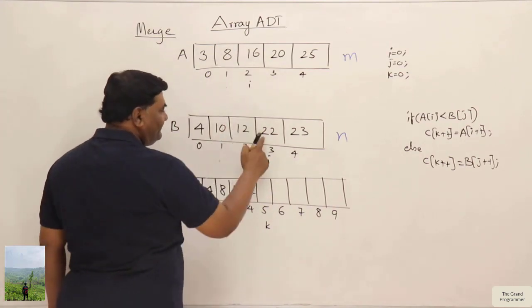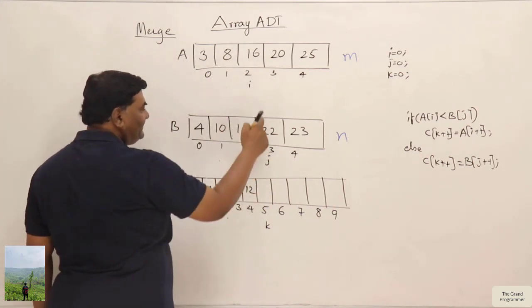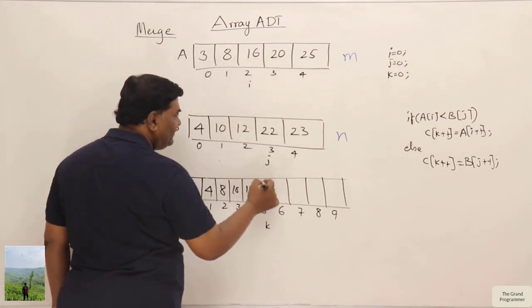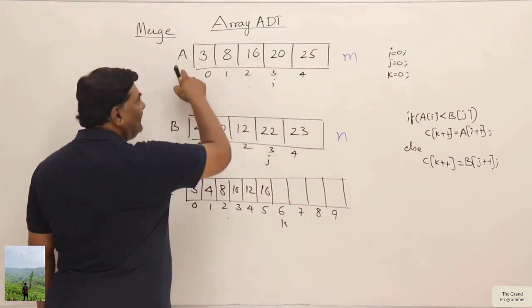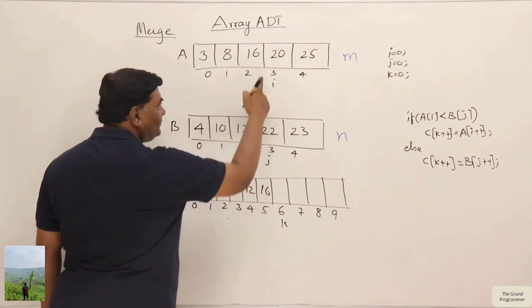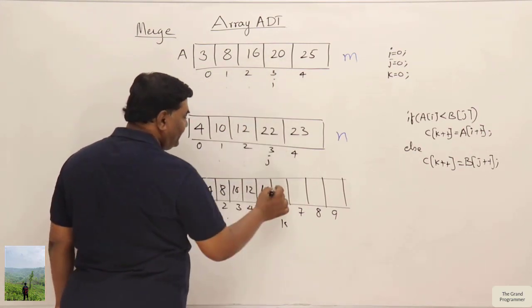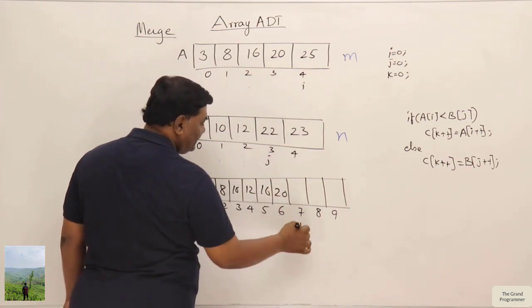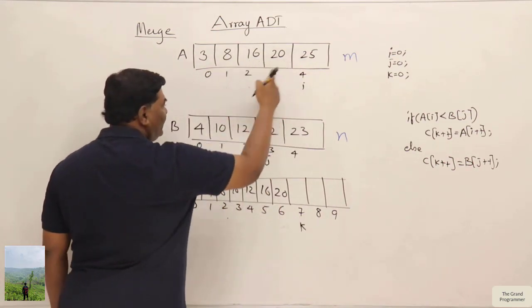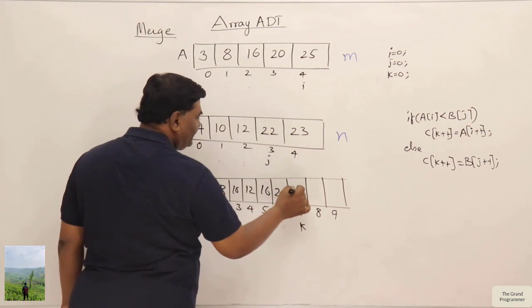A of i is 16, B of j is 22, so copy 16, move next, move next. A of i is 20 and this is 22, so 20 is copied here. i is moved, k is moved. Now this is 25, this is 22, so 22 is copied.